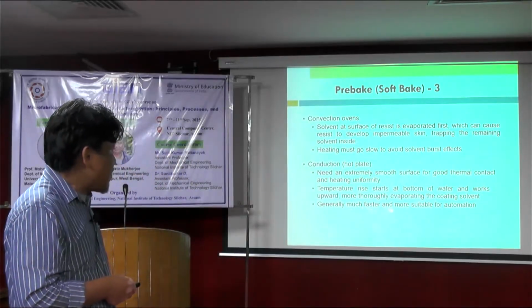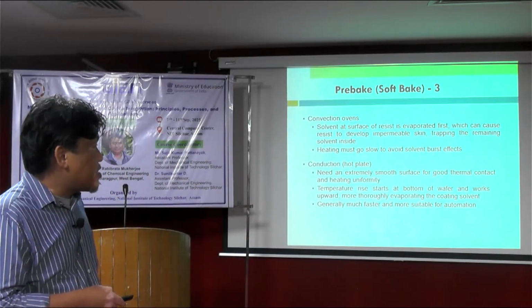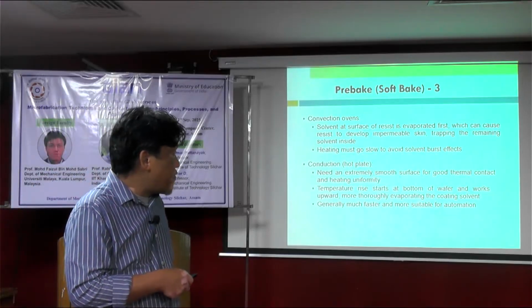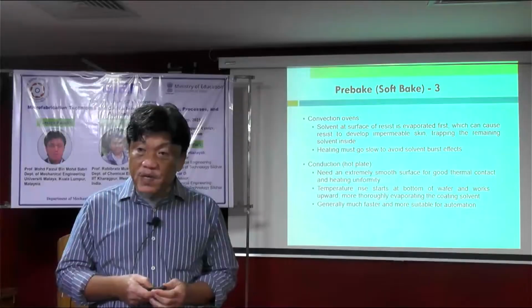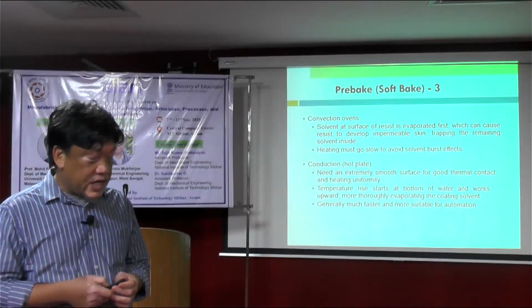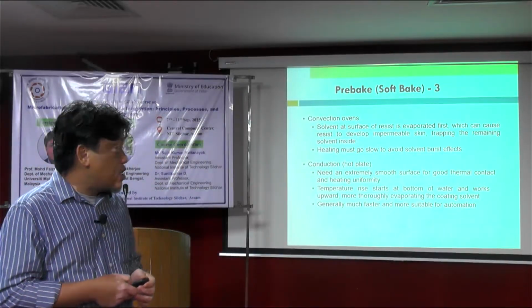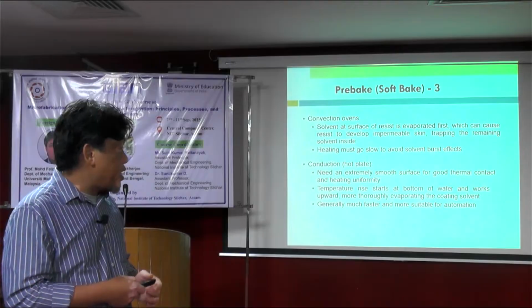And it is generally much faster and more suitable for automation. So as shown before, it's only a few seconds, 45 seconds for example. So that is a faster process than the 30 minutes or 20 minutes process for the pre-bake.